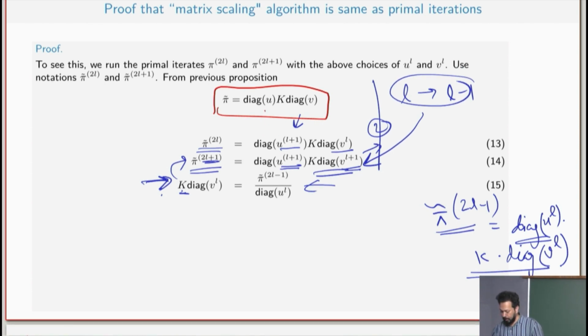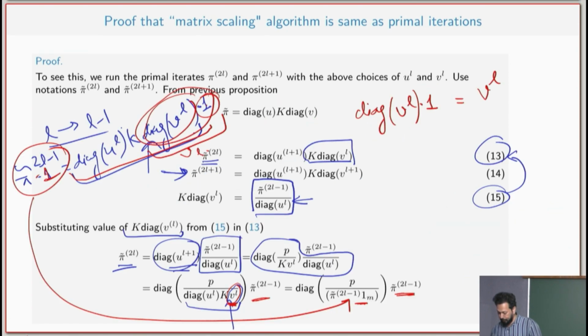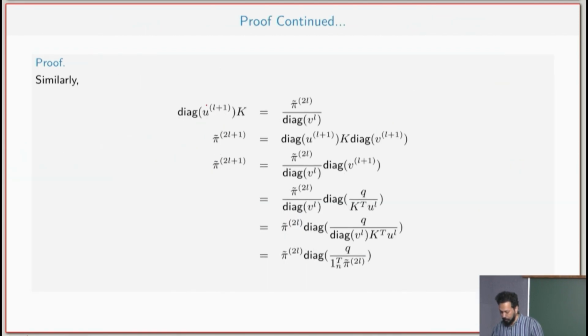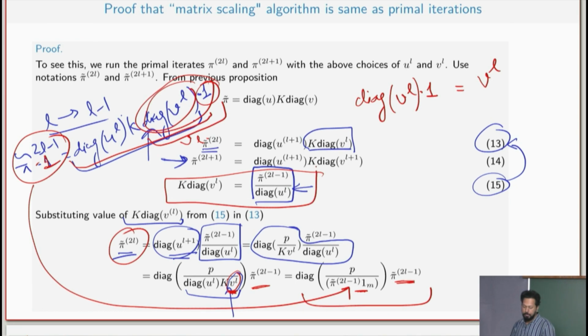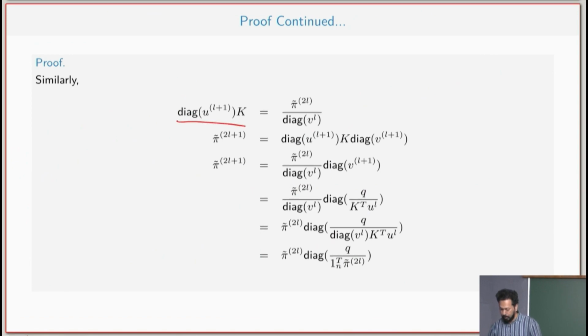Then we said, use the iterates suggested for u and v and make sure that the pi tilde updates are the ones we had before. So pi tilde 2l is of this form, diag of... we substitute that and start like here, so that's where the similarity picks up. This was the first derivation, where we said k diag of vl is this, and similarly diag of uk is this.